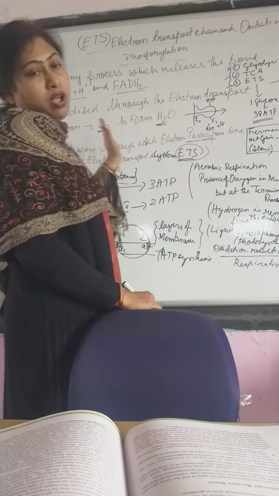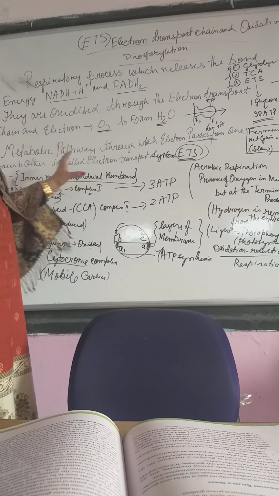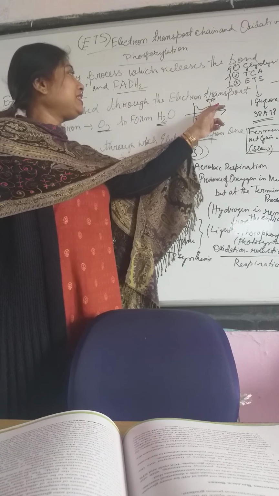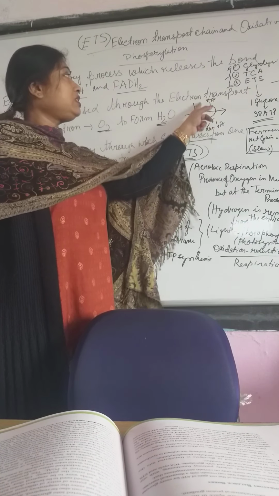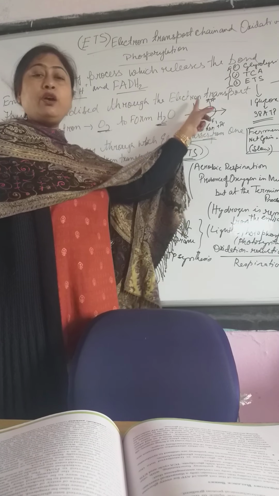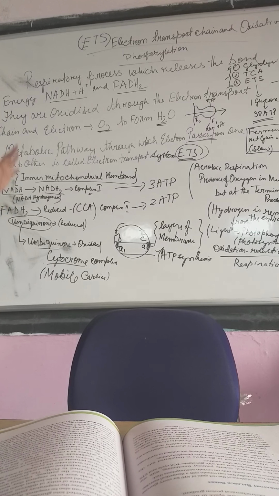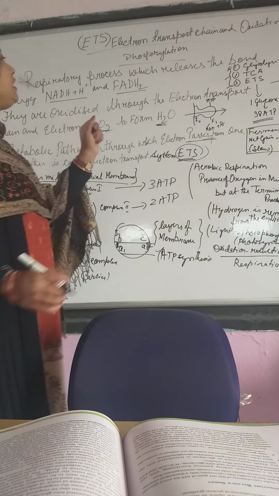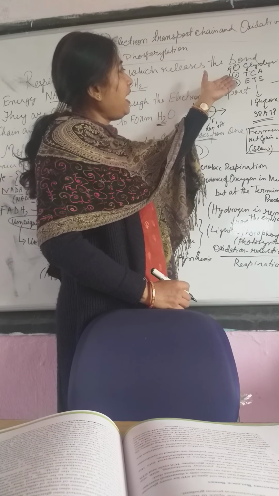This is also a part of this phosphorylation. When the hydrogen enters through this layer, then only ATP is synthesized, and ADP and phosphate are used. So this is actually the energy producing process. Now if we simply condense the process, we come to know that these are the three basic processes: glycolysis, TCA and ETS.